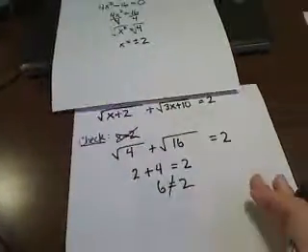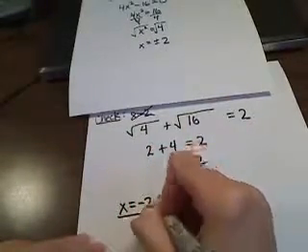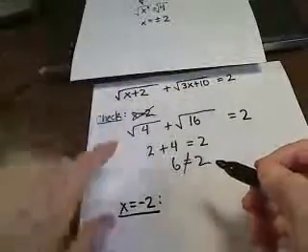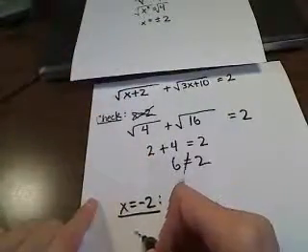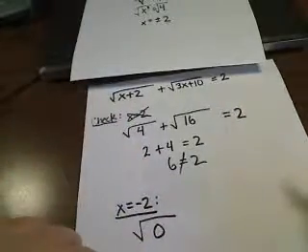Okay, let's try x equals negative 2. Plug it in here. I basically have the square root of 0 because negative 2 plus 2 would give me 0.